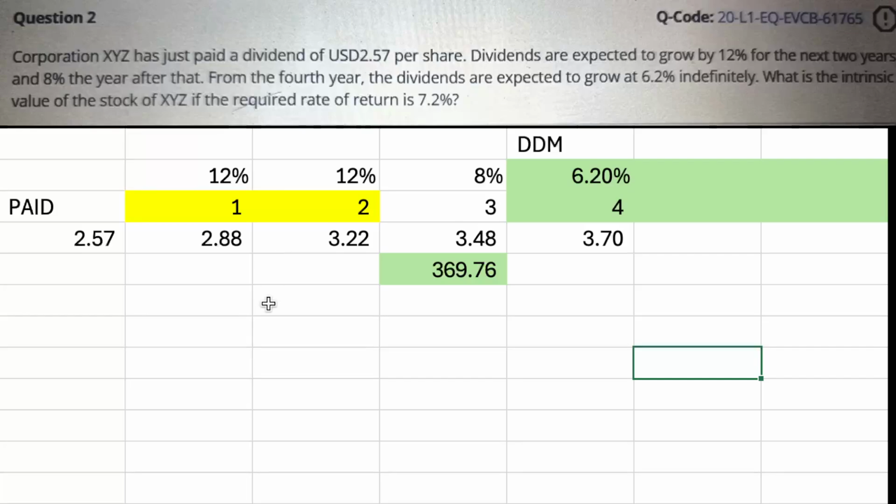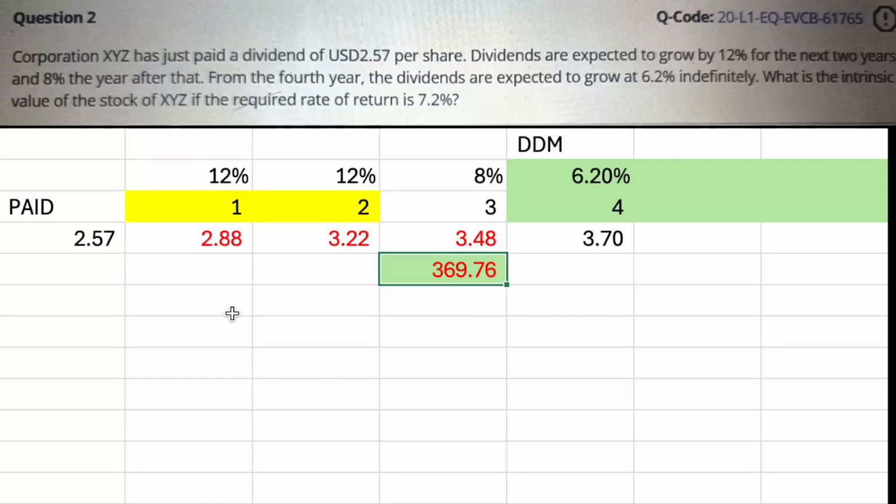All right. From here onwards, you just have to be careful, because what we are trying to get is the present value of all the future dividends. So the future dividends are year 1, year 2, year 3, because this is the year 3 dividend. And from year 4 onwards, this will be the value of the dividends from year 4 onwards, but the value is at year 3.